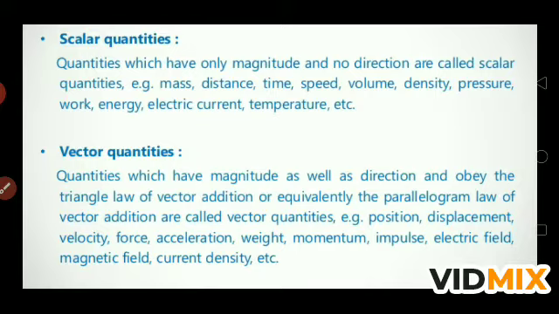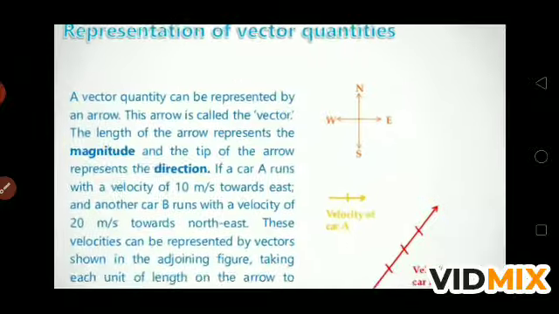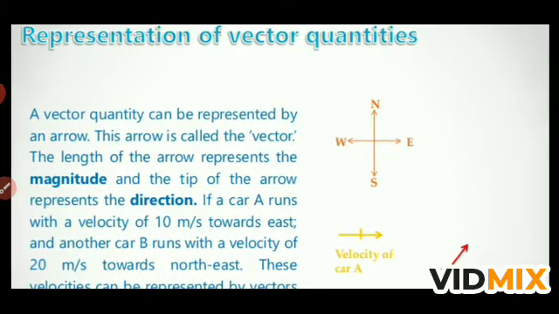It is a very required property to be a vector quantity in addition to direction and magnitude. So a few examples are here to understand the scalar and vector quantities, so it is very important to learn it. Next, how to represent a vector quantity.